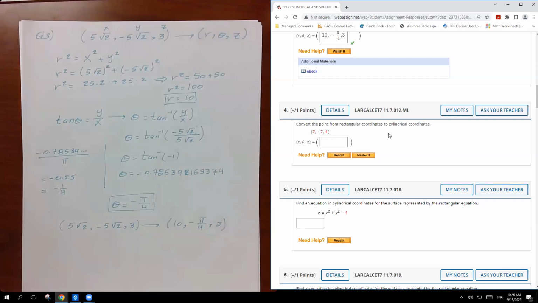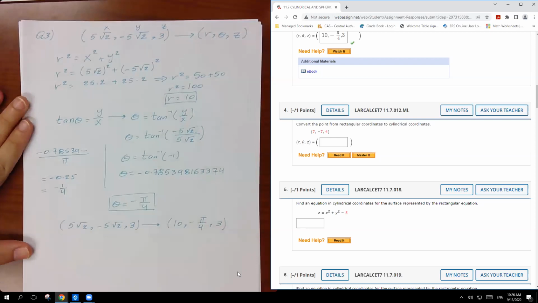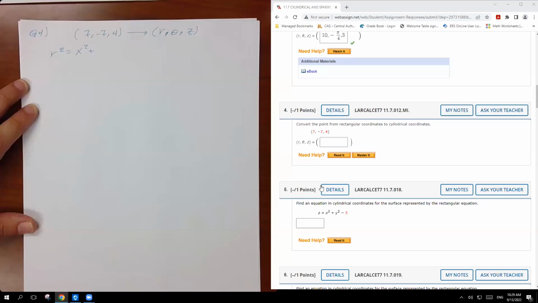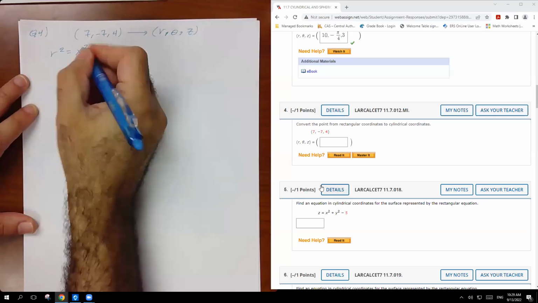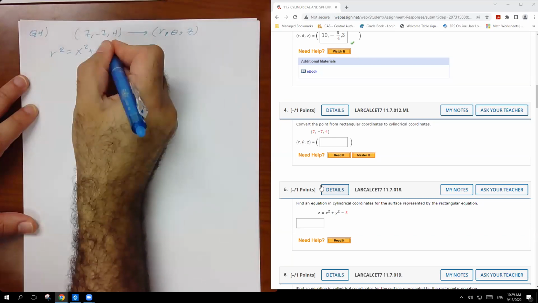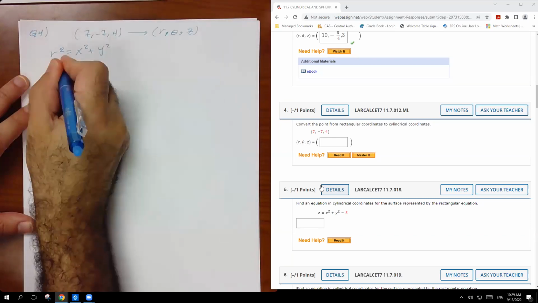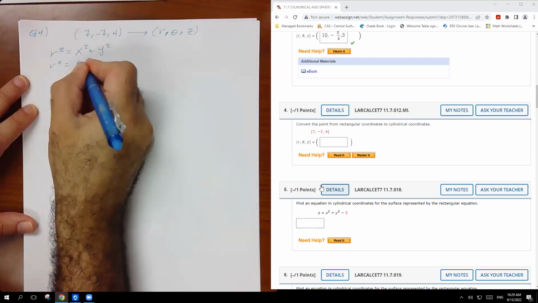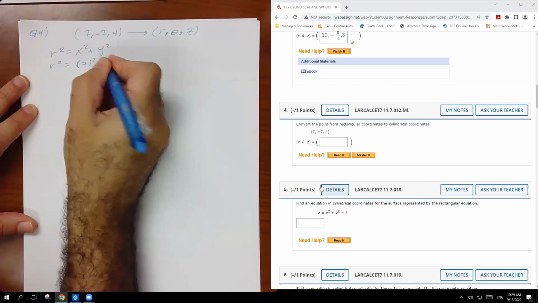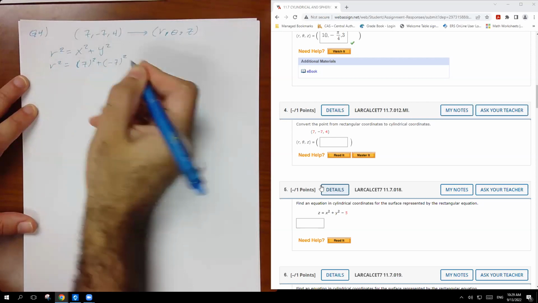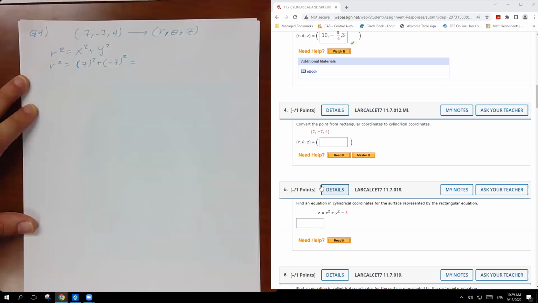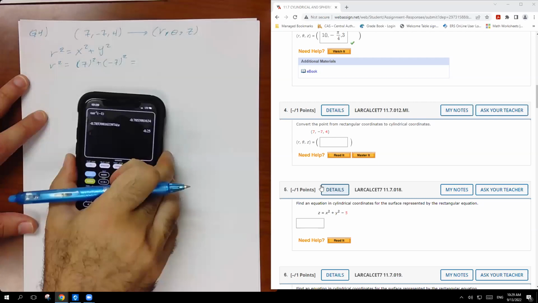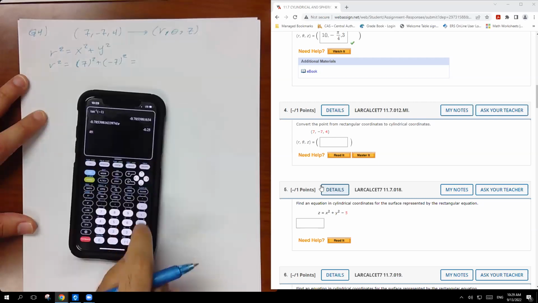You can do exactly the same steps for this example. x squared plus y squared, so r squared is going to be 7 squared plus negative 7 squared. That means it's going to be 49 plus 49.